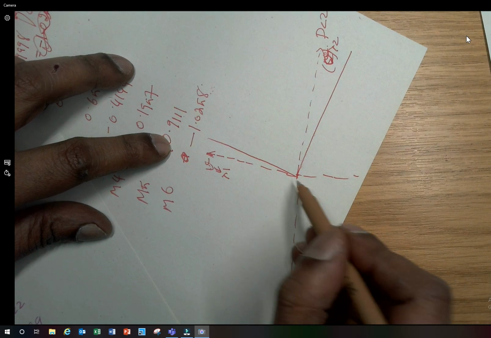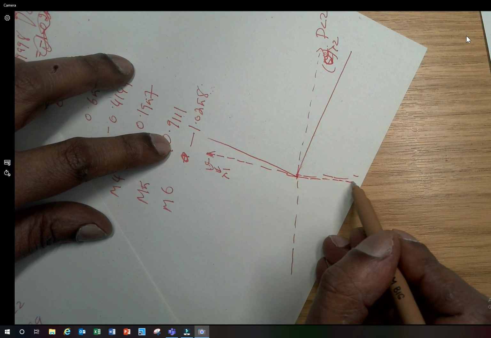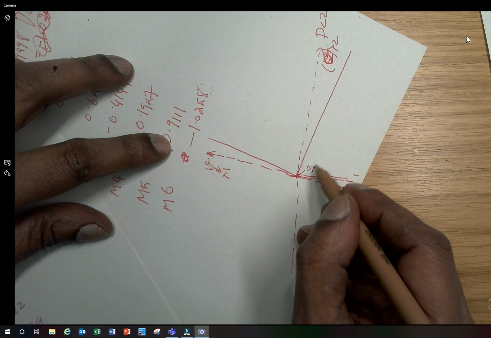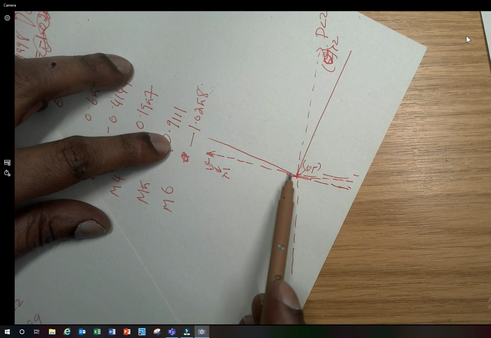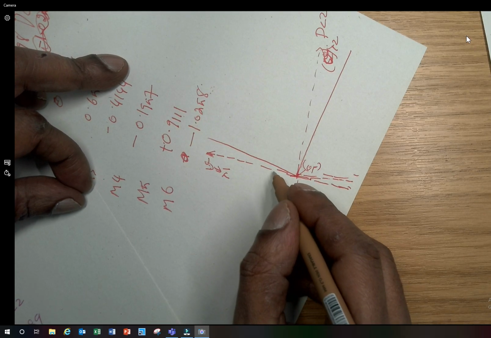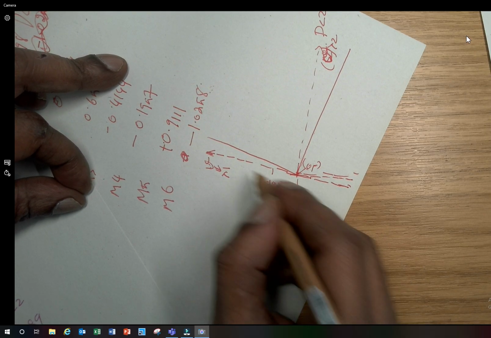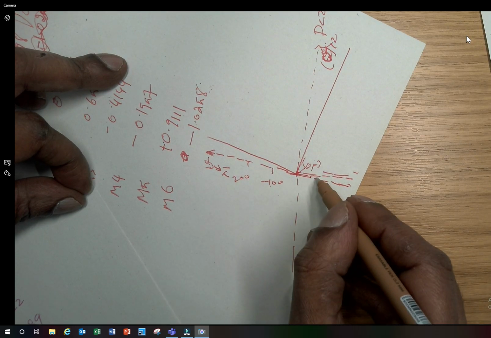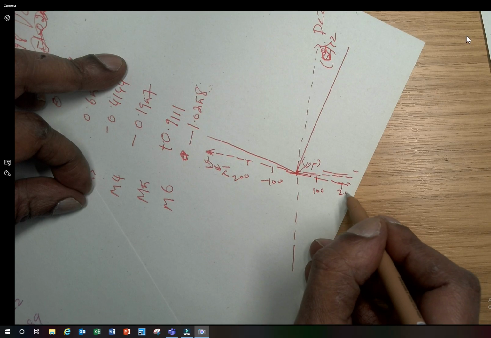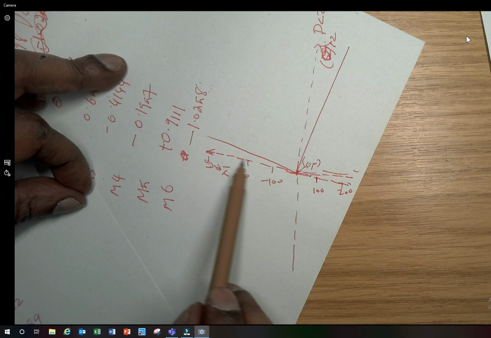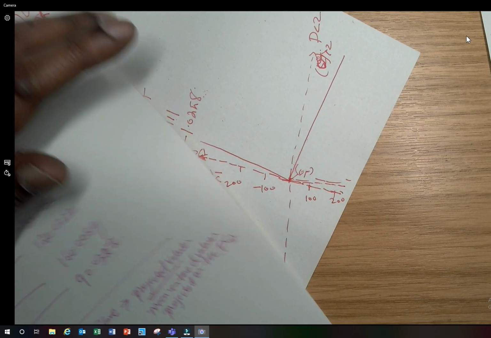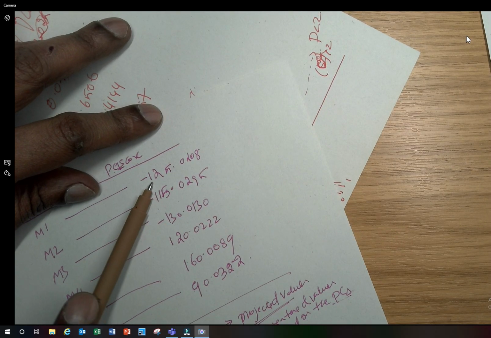Assume that this is 0, 0, and then you can put these values here somewhere. Let's say this is minus 100, minus 200, and here this is 100, plus 200. This is PC1, and these are the projected values.